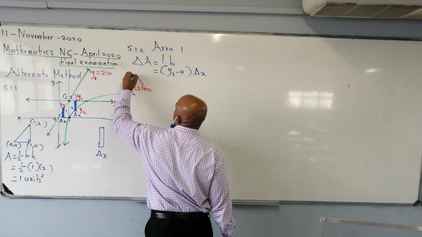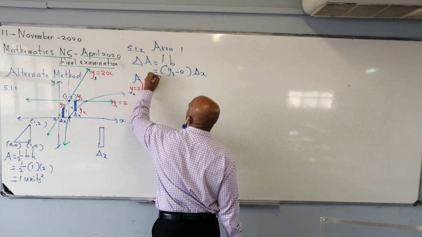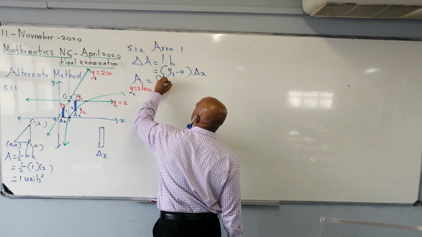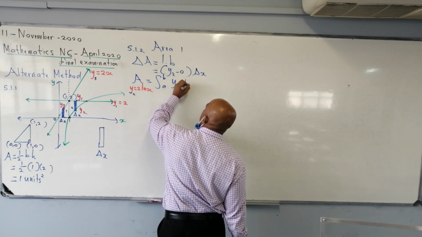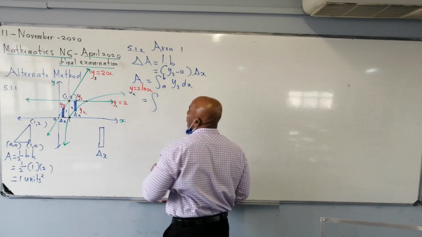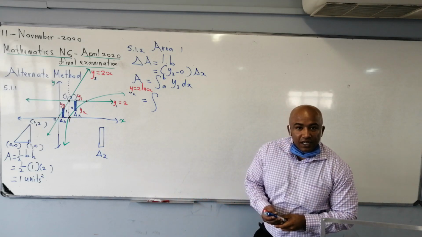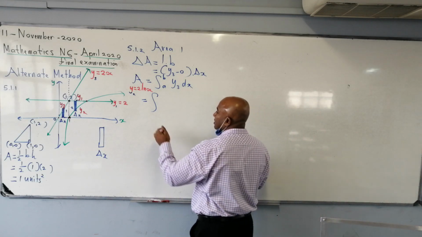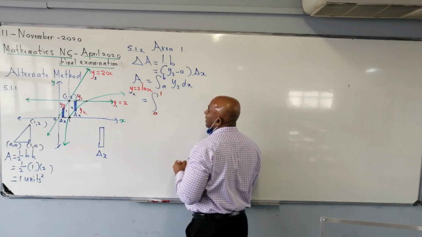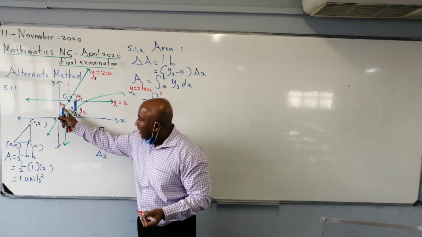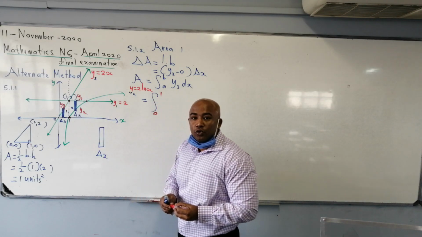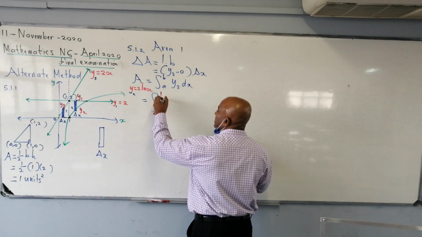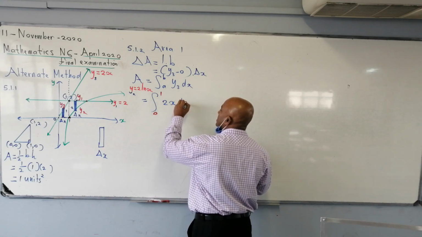Then your total area 1, you're going to integrate, from a to b, y3 delta x. So what is your a and b there? Starting at 0, ending at 1. What is y3? y3 is 2x. So get y3 in terms of x, that is 2x.